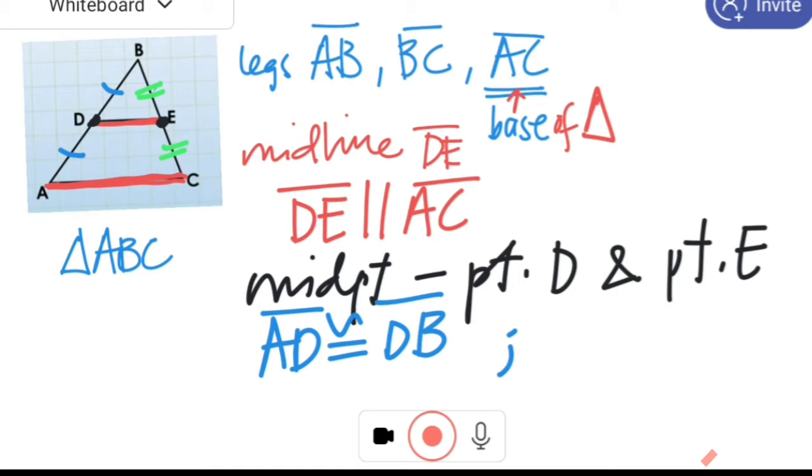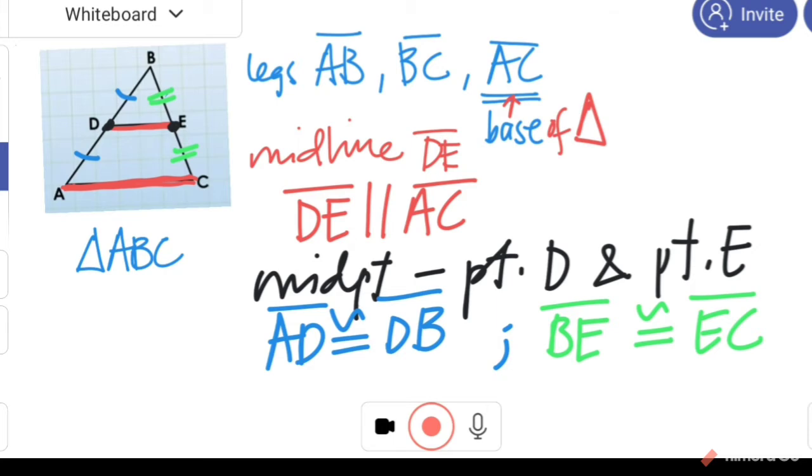Let us write that BE is congruent with segment EC, or CE is congruent with EB. Okay, so these are the parts of our given triangle.